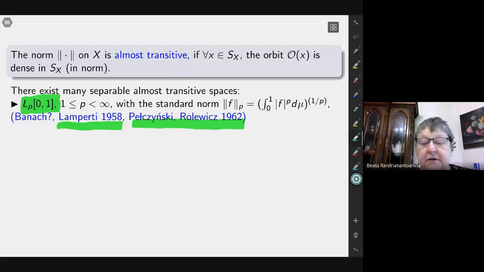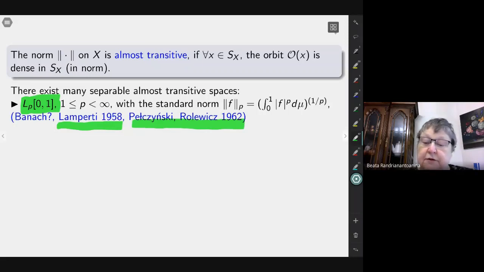Pełczyński and Rolewicz noticed that if you take an ultrapower of the L_p spaces, then that epsilon can become 0, and the ultrapower of L_p will be transitive, not just almost transitive. This is for every p in the range between 1 and infinity. Of course, the ultrapower of L_p is not a separable space, but it is transitive, and it is not isomorphic to a Hilbert space.